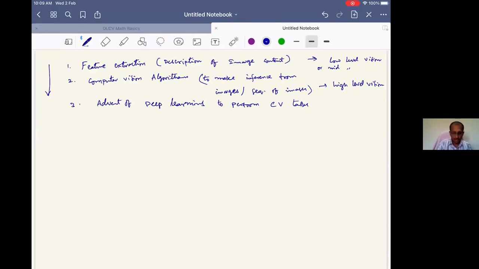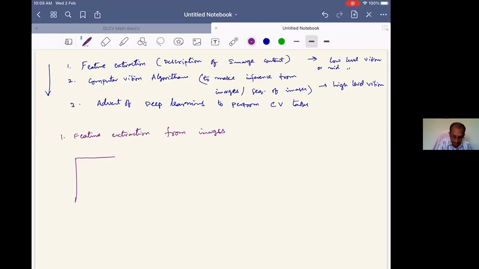Okay, so now let's come to the first point. So we want to do feature extraction from images. Do you have any clue on how we do it? See, the problems here are of different nature.